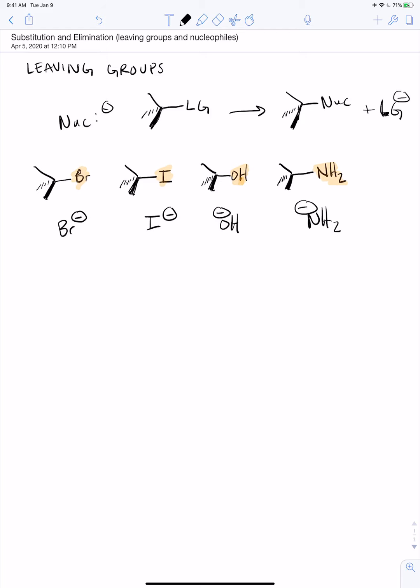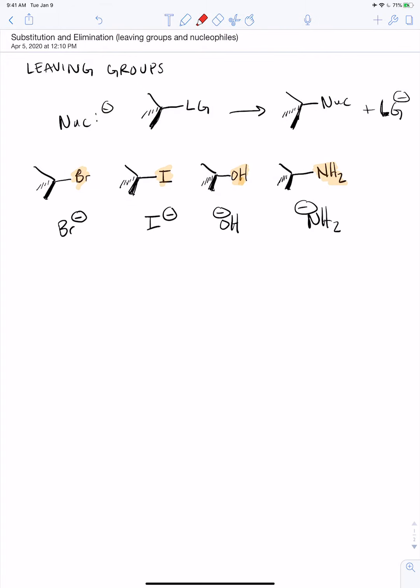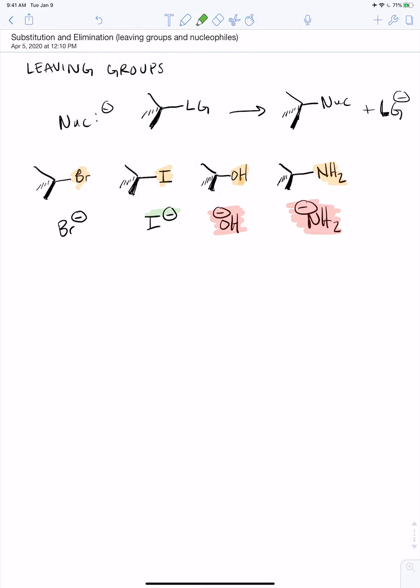If we're trying to rank which of these are the best leaving groups, all you have to do is rank them in terms of their basicity. So we know that this is a strong base. This is an even stronger base. And we know that these two are very weak bases.